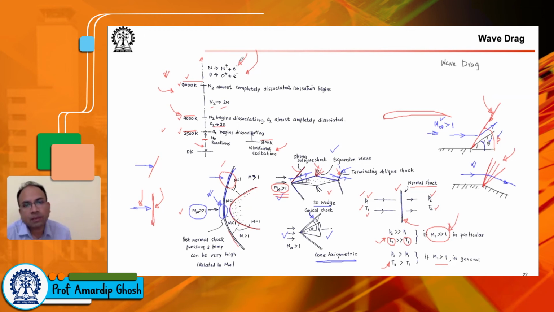And when all these effects happen, the distribution of pressure is related to what is happening with the composition and other things. Temperature, pressure, everything gets affected by all these phenomena. So in that case, your lift and drag forces will start getting affected by the strength of the shock wave, and hence by the Mach number at which the shock waves are happening.